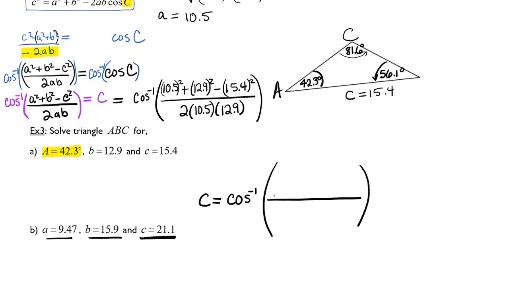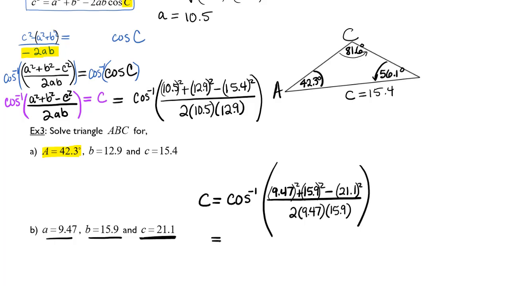So I'll have 9.47 squared plus 15.9 squared minus 21.1 squared, all divided by 2 times 9.47 times b, which is 15.9.